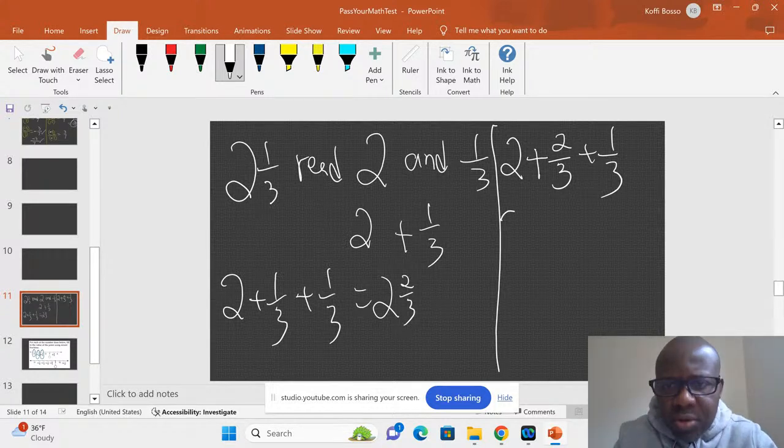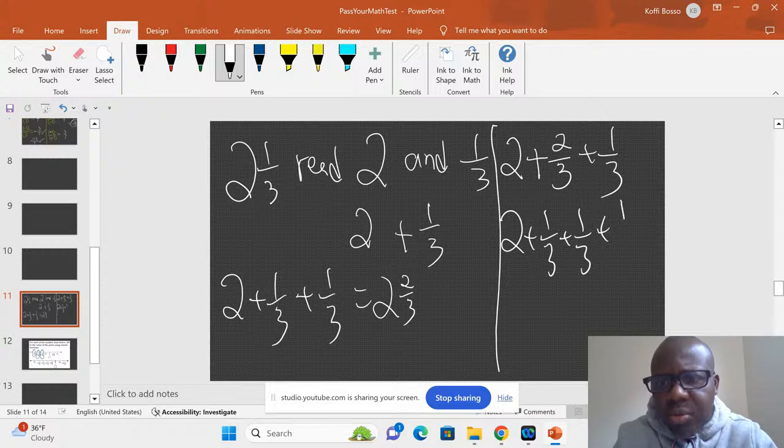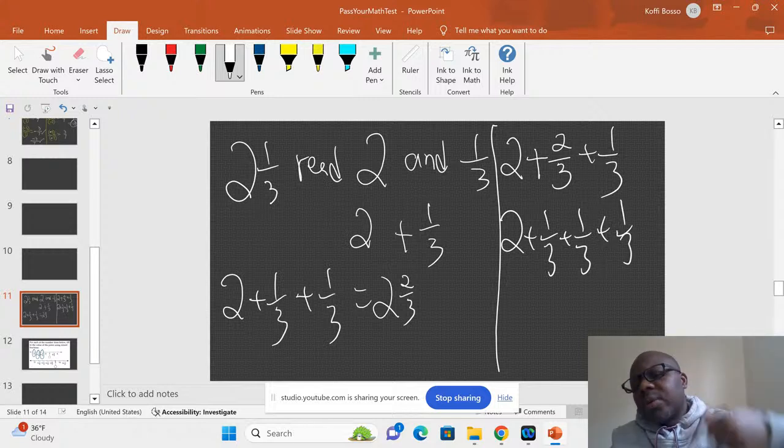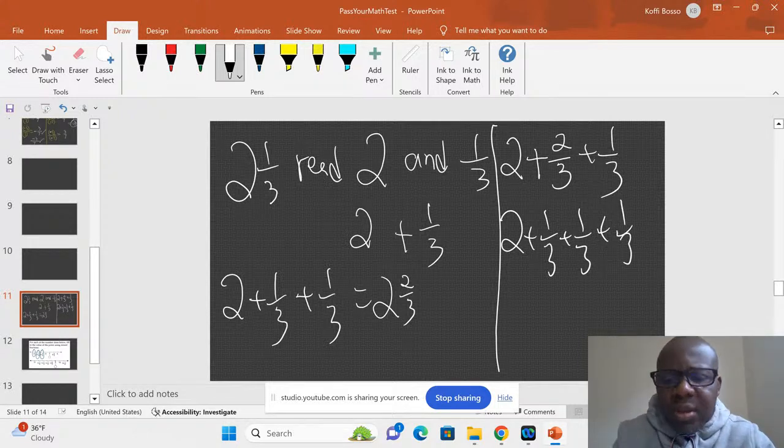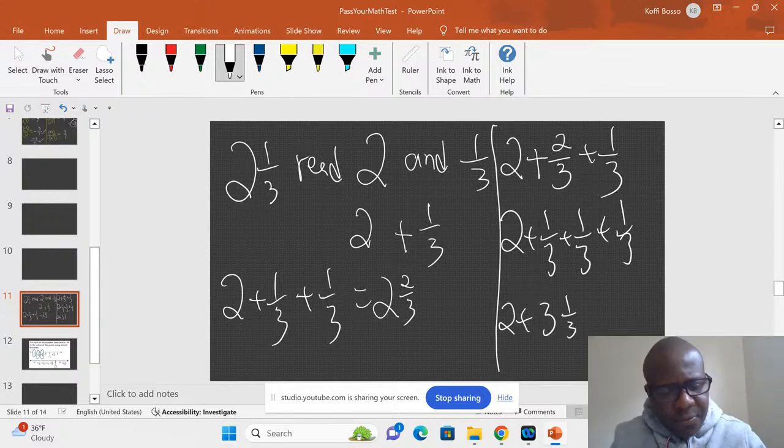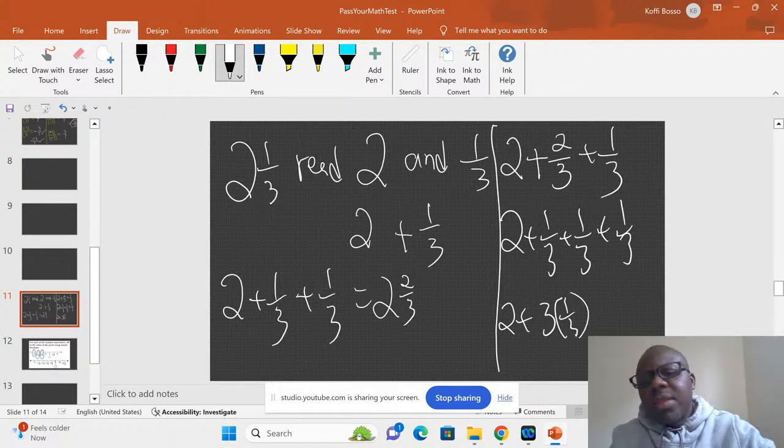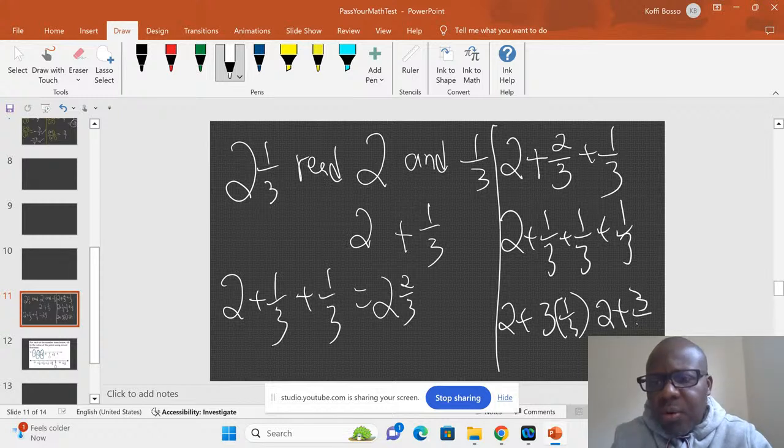So it's like I have 2 plus 1/3 plus 1/3 plus 1/3, which is 3/3. So 2 plus 3 over 3. But 3 over 3 is 1, so that 1 plus 2 is 3.